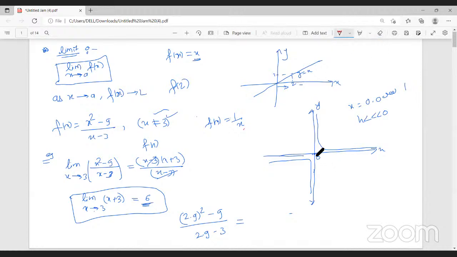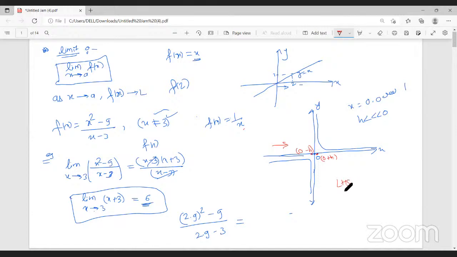So this point is 0 plus h, and this point is 0 minus h. If I take the left hand side limit, it means we are approaching 0 from the left hand side, right? So when h tends to 0, I am getting this value.